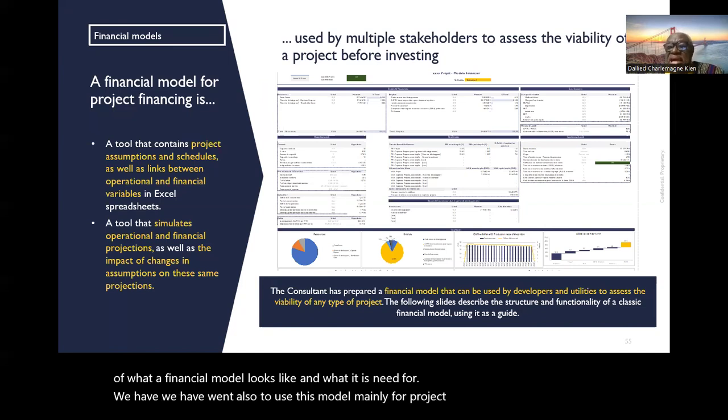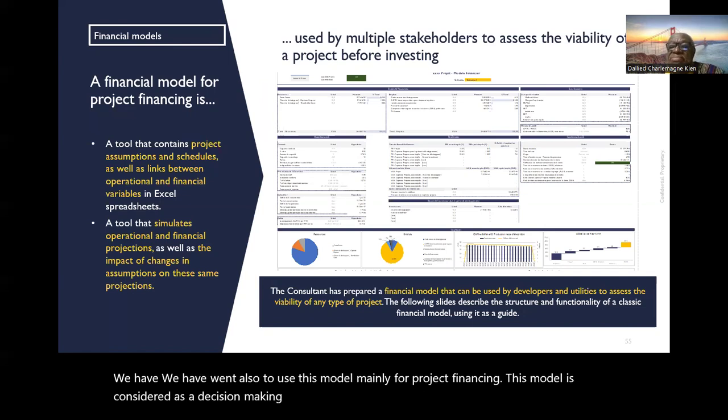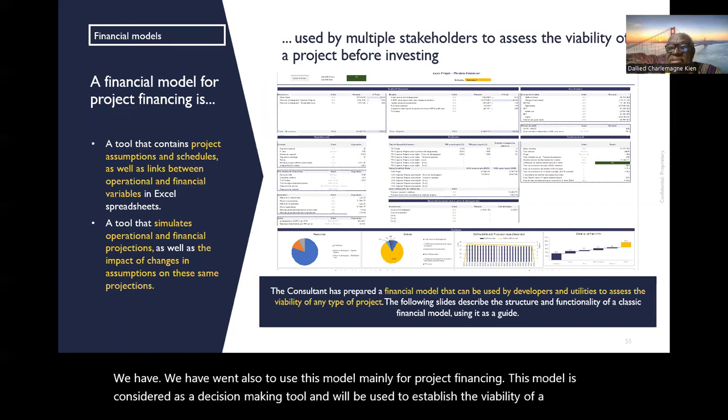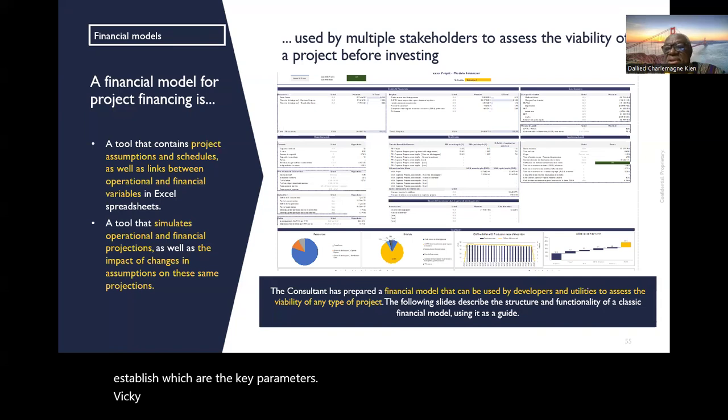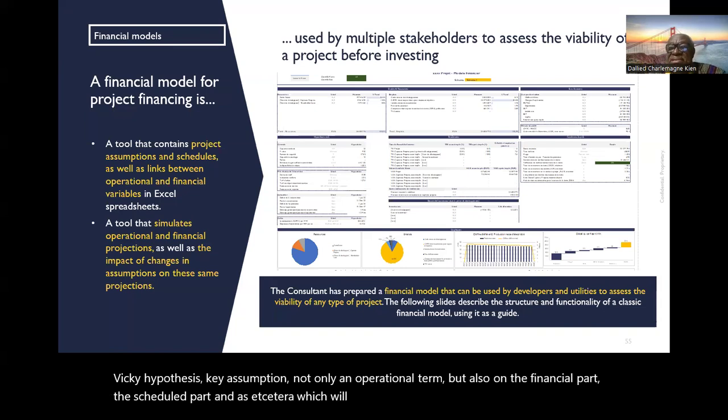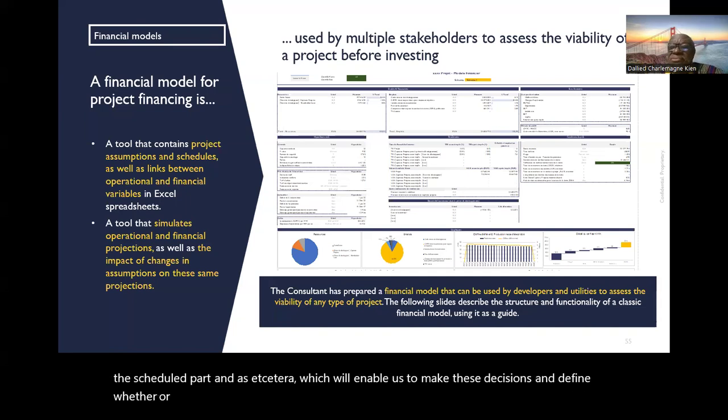This model is considered a decision-making tool and will be used to establish the viability of the project, to establish which are the key parameters, the key hypotheses, key assumptions, not only in operational terms, but also on the financial part, the schedule part, and so on, which will enable us to make these decisions and define whether or not a project is viable, whether or not we want to embark on the implementation of this project.